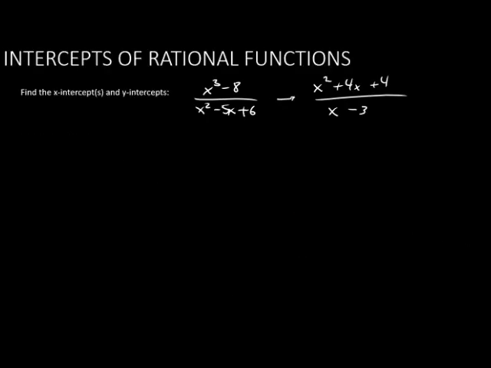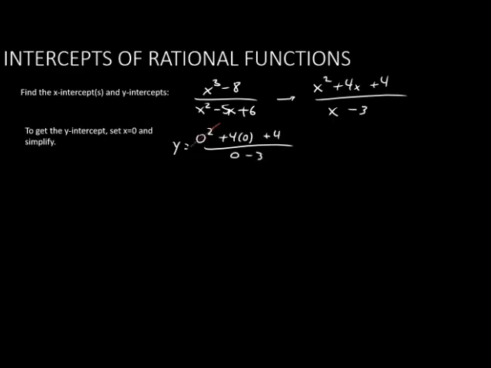Now we'll find the intercepts of our rational function, once again, based on our simplified form. First, we'll find the y-intercept of this by letting x equal 0 and simplifying. Therefore, everywhere we see x, we will instead place 0. Therefore, we'll say y equals 0 squared plus 4 times 0 plus 4, all divided by 0 minus 3.